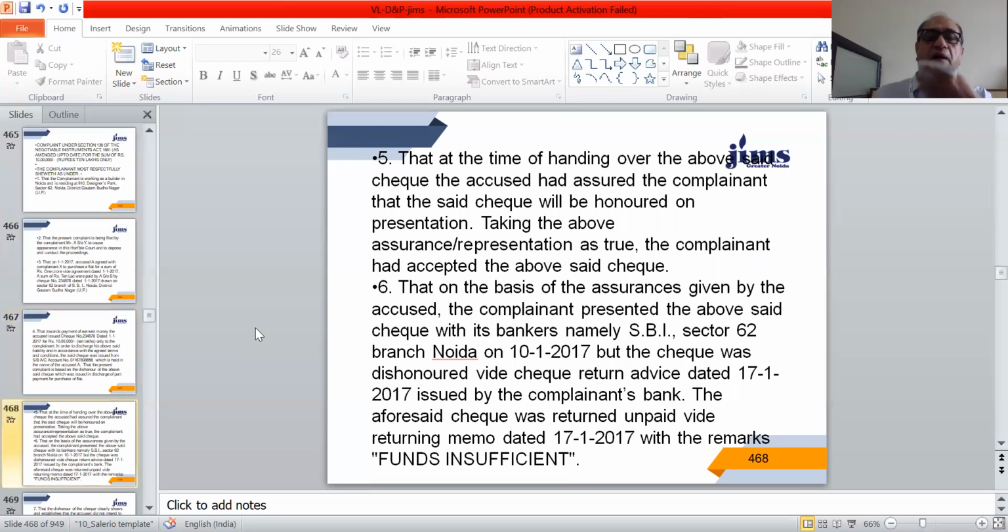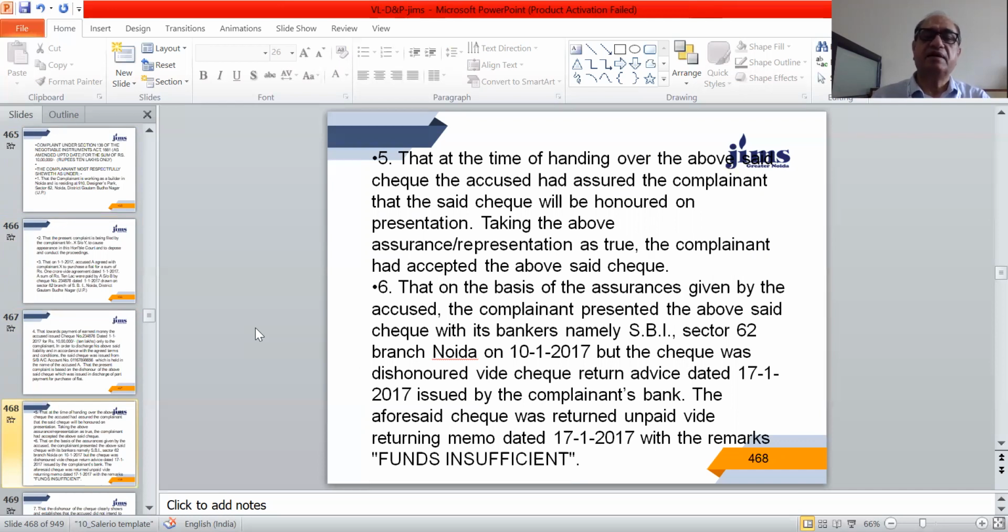Para 5. That at the time of handing over the said check, the accused assured the complainant that the said check would be honored on presentation. Taking the above assurance or representation as true, the complainant accepted the said check.